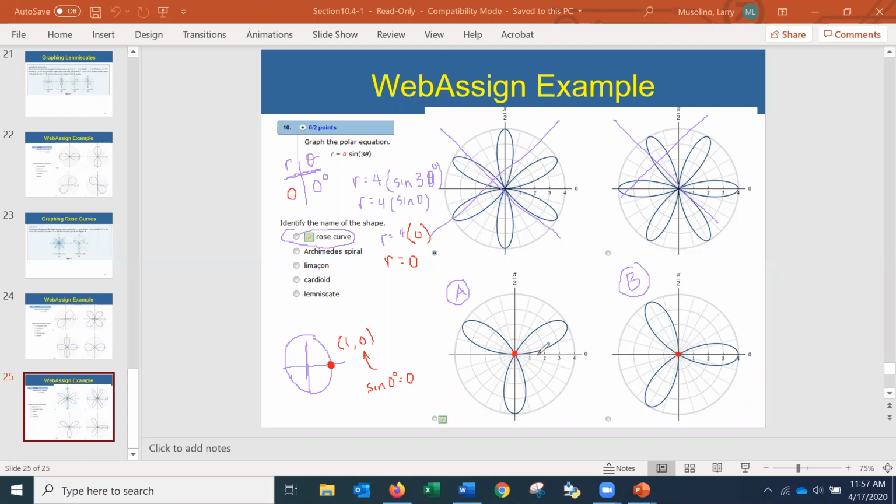Well, how about if I pick another arbitrary value of theta? But again, I want to be smart about this because I notice inside the parentheses is 3 theta. So I'd like to pick a value of theta that if I multiply by 3, I get an angle that's easy to work with on the unit circle. So how about if I pick, let's say, theta equal 20 degrees?